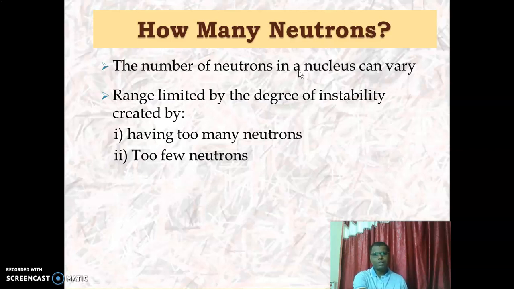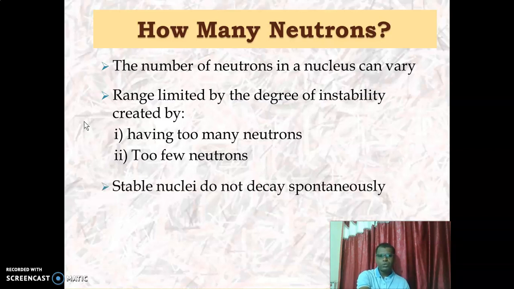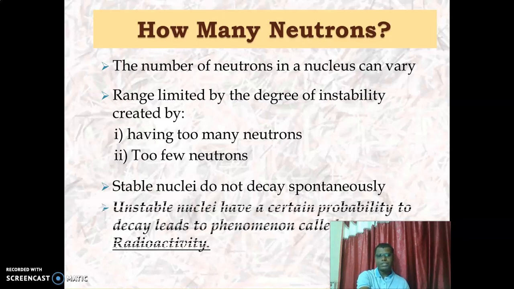The neutron number is responsible for the instability of the nucleus, because having a very large or very small number of neutrons makes the nucleus unstable. Stable nuclei do not decay; they do not undergo decay spontaneously.